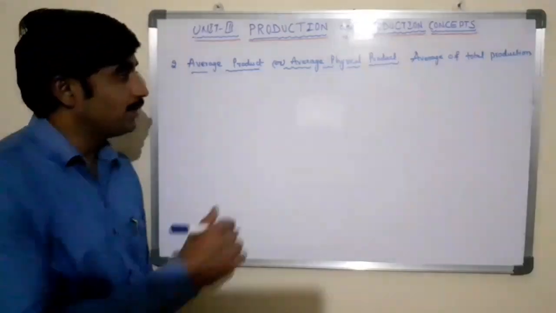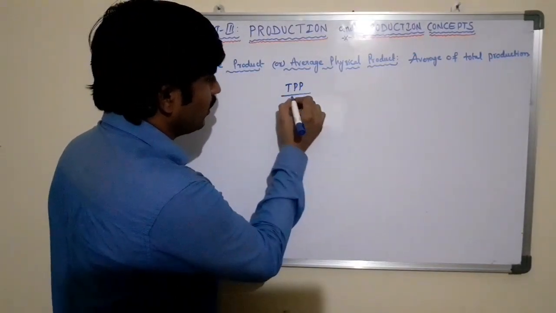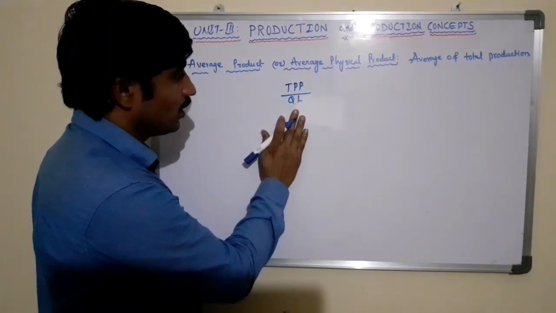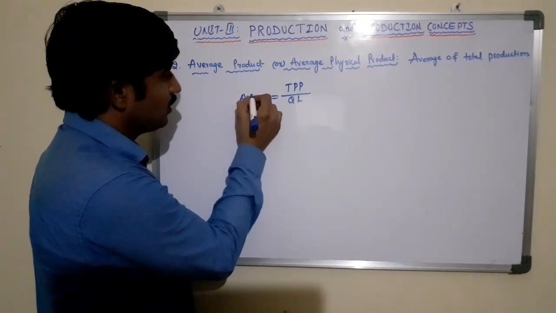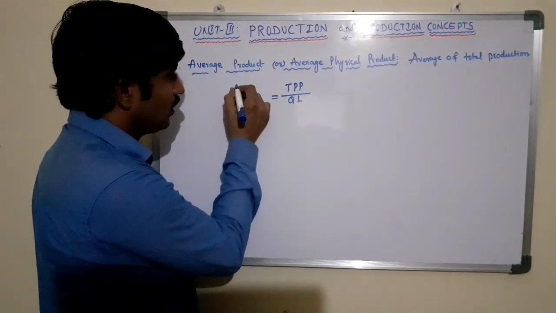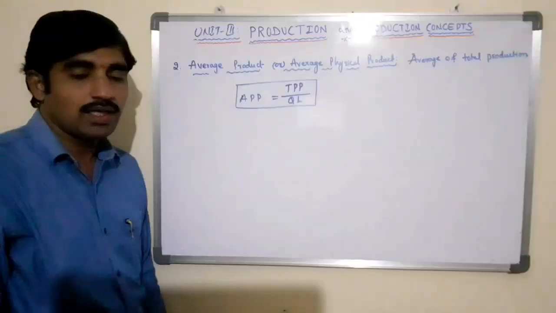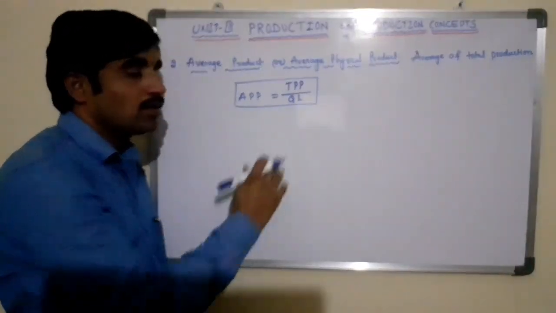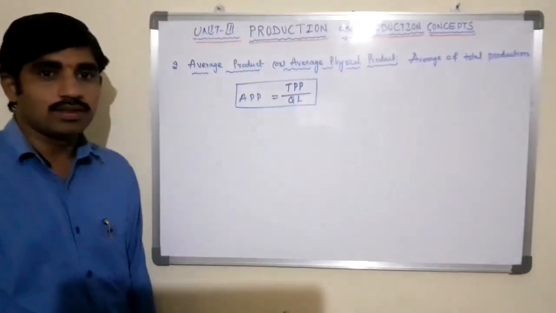It refers to the relationship between total physical product and quantity of inputs. Here I am taking an example: total physical product divided by quantity of labor in units equals average physical product.